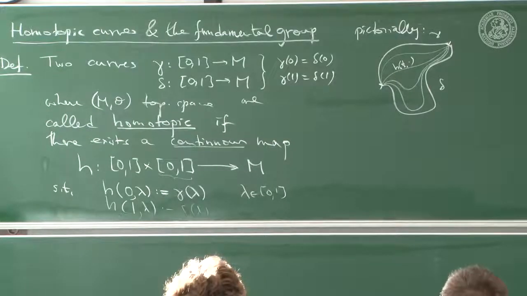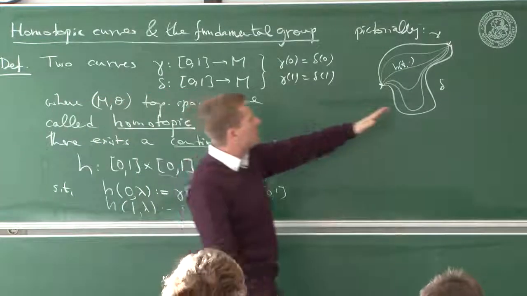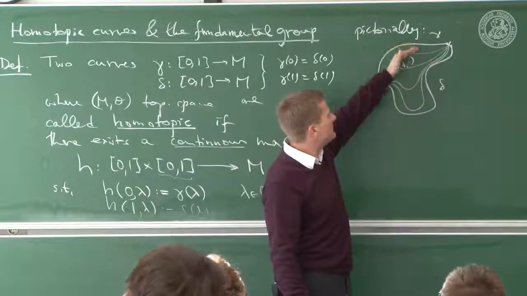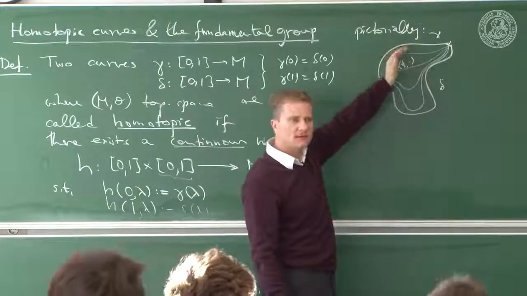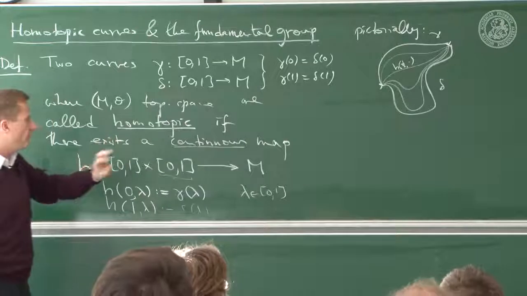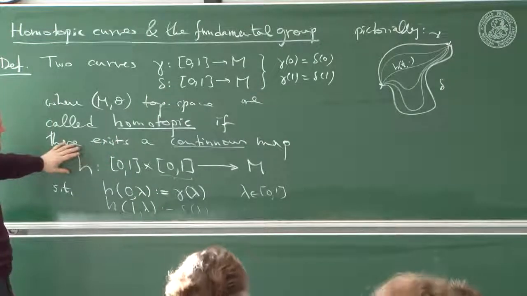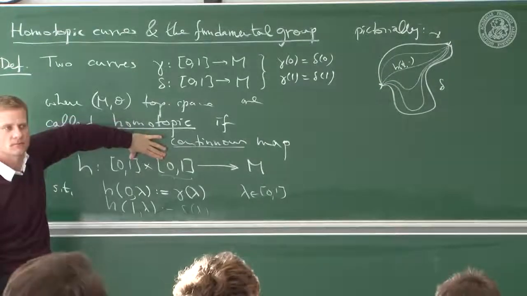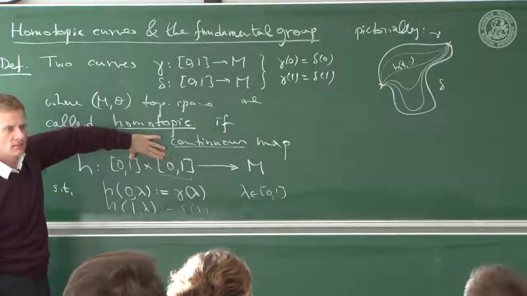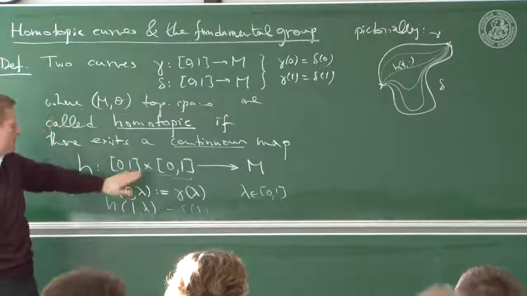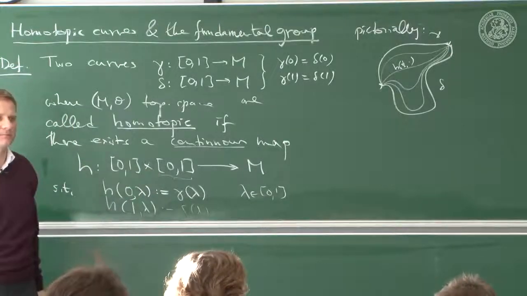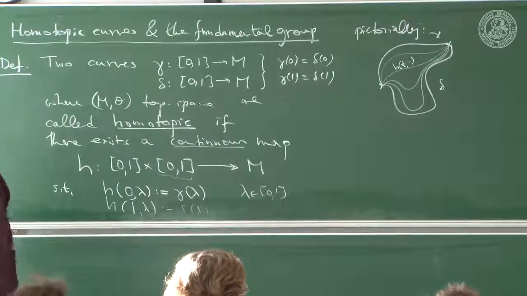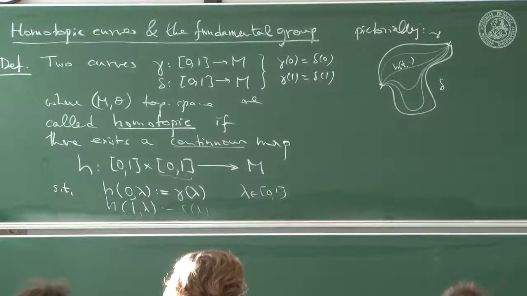The whole statement that delta or gamma can be continuously deformed is formally encoded in the idea that you have one continuous map on this product space. So whenever somebody talks about continuous deformation, it's something like this, an interpolating map. Okay.